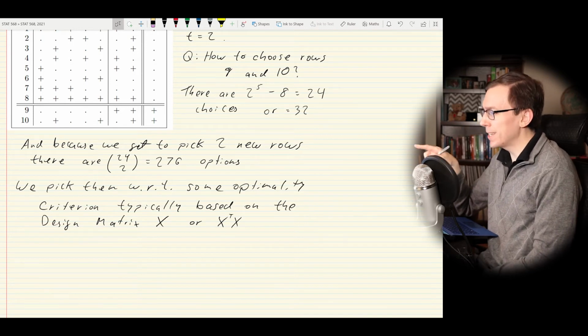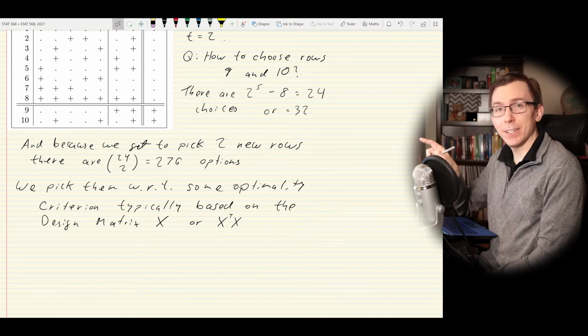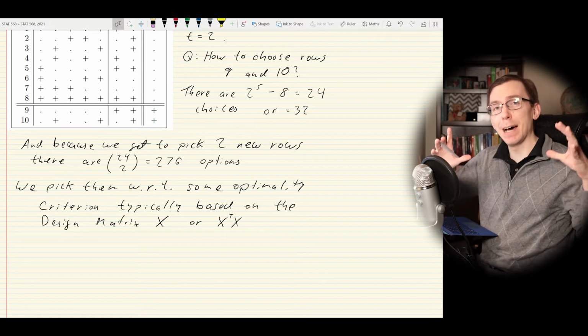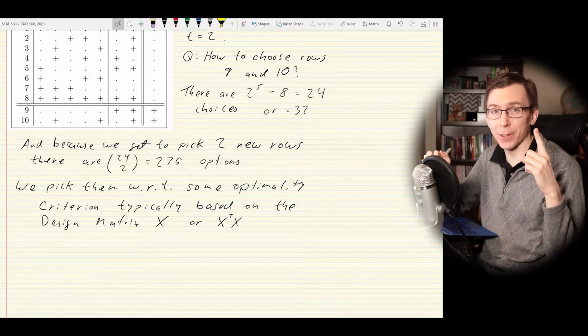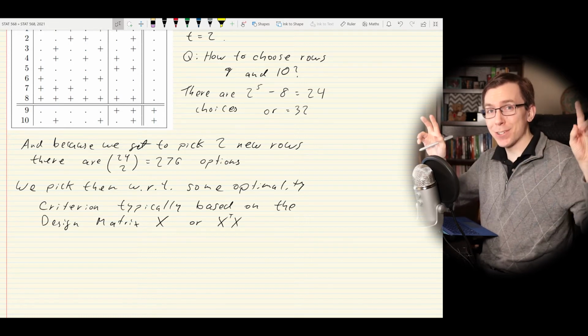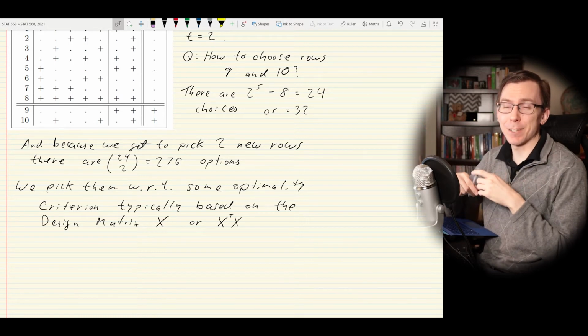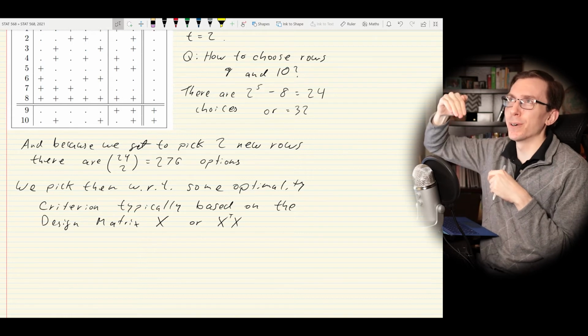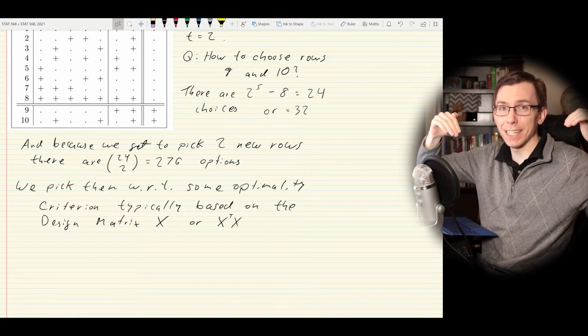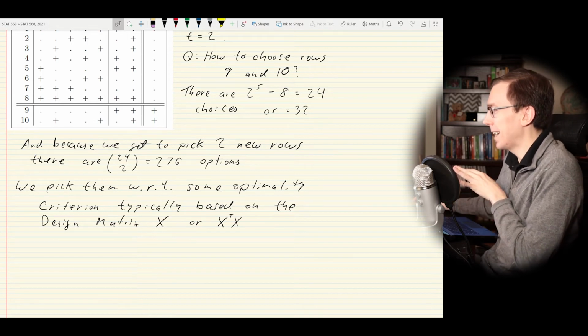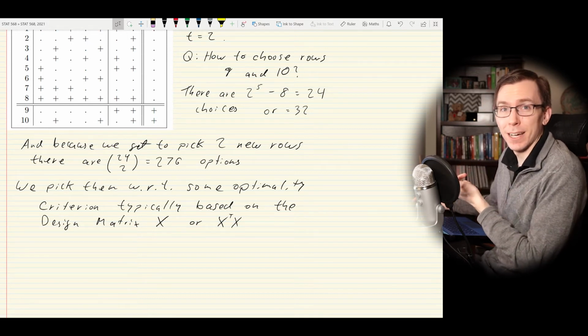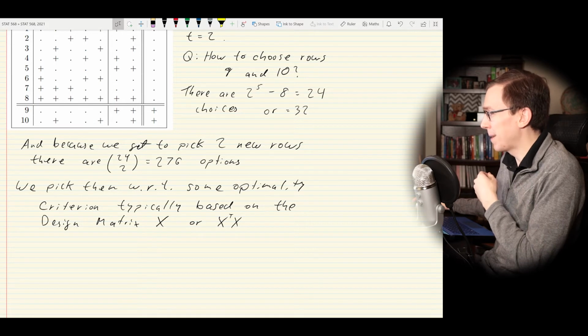Also, the choice of the rows is not necessarily unique. So just because we have an optimality criterion doesn't mean that there's one best choice. There could be a collection of best choices, right? Just because it's an optimal choice doesn't mean there's not another equivalently optimal choice.